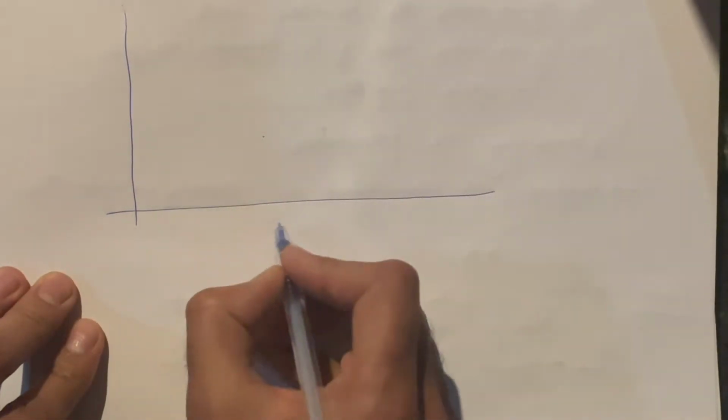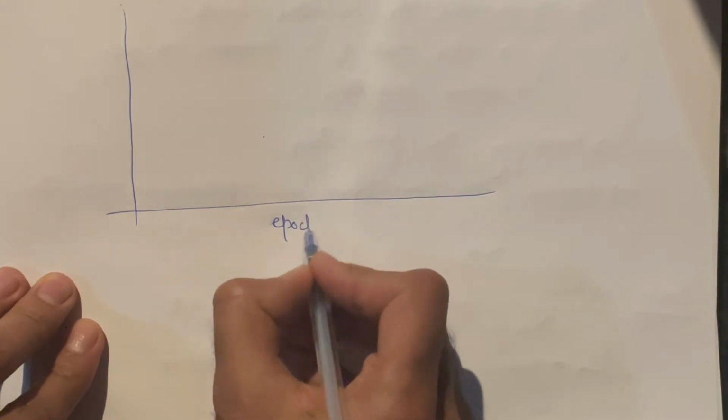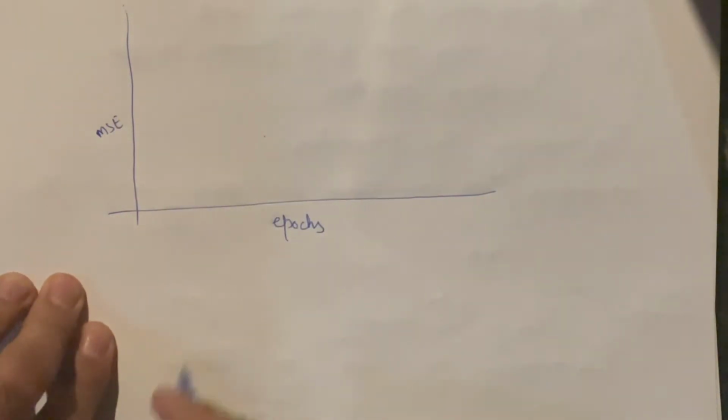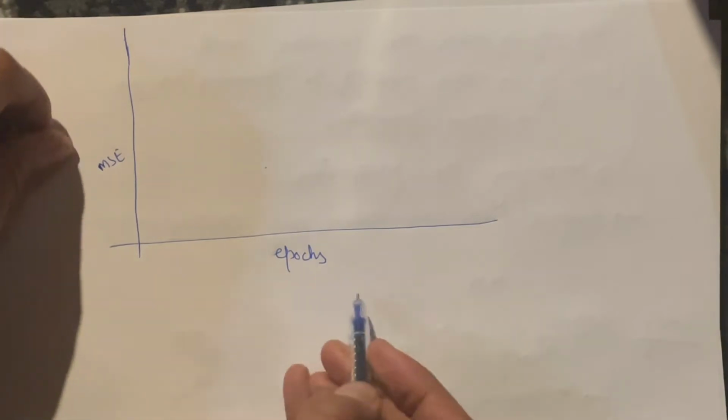Okay, so let me make you understand with the help of a graph. Let's say this is our graph. These are our epochs. Epochs also means iterations. This is our mean square error here. We know that by running more and more epochs, our training error will decrease.